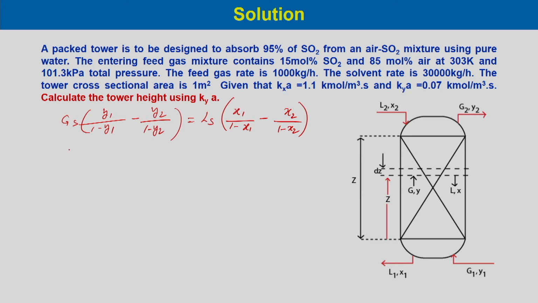Gs we have calculated, 24.82 kilomole per hour.